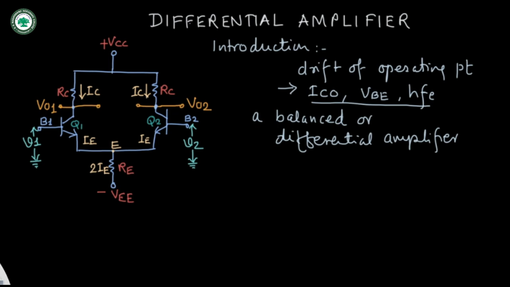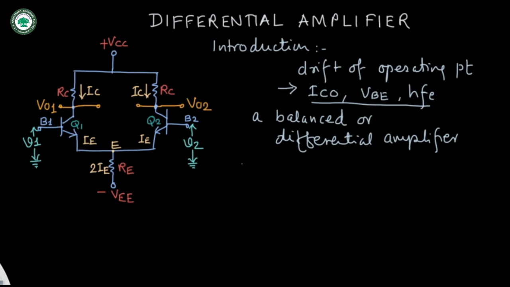The collectors, through RC collector resistors, are also tied together and given to the positive terminal of the power supply, and the inputs are provided to the bases of these transistors, V1 input for Q1 transistor, V2 input for Q2 transistor.